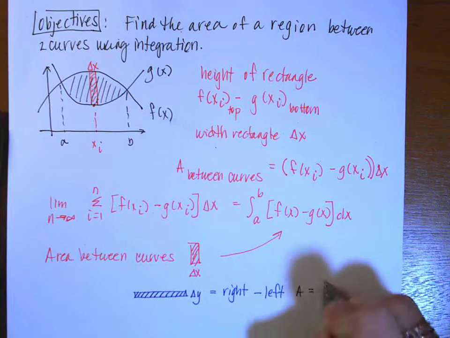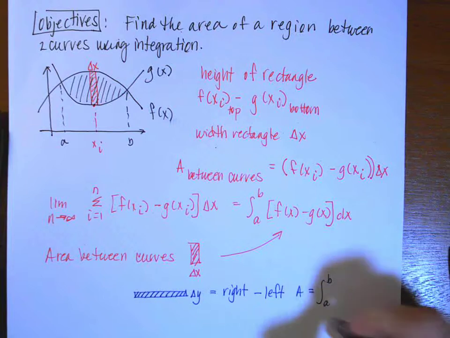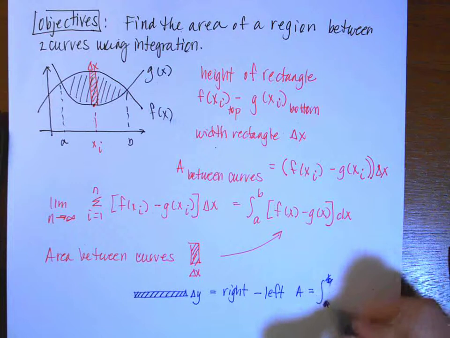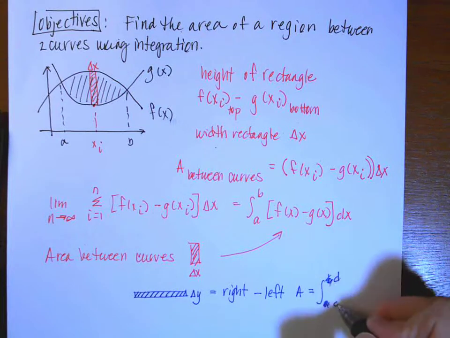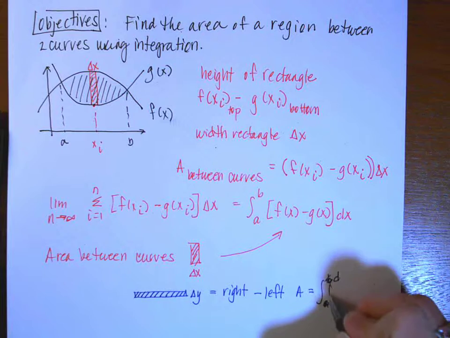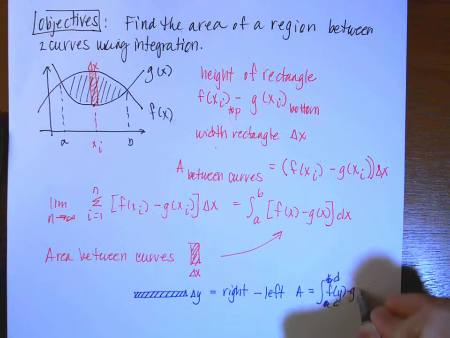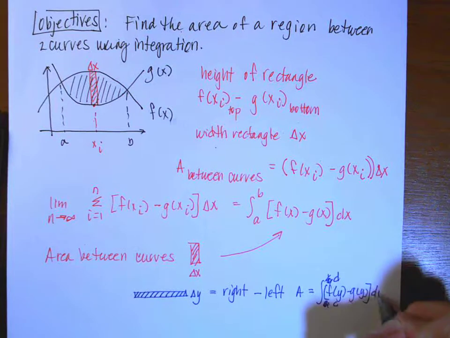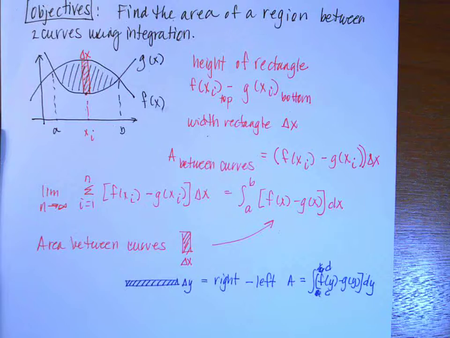And so we would say that our area is equal to the integral from a to b. Actually, I'm going to change that, and I'm going to call this c to d. And this would be my vertical points of intersection. And I would have f of y minus g of y, in parentheses, dy.